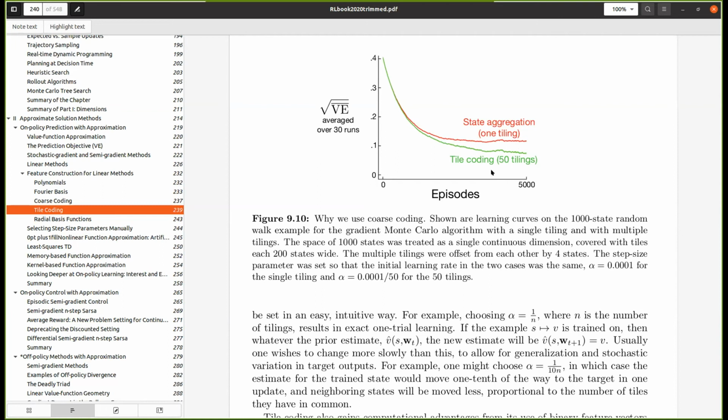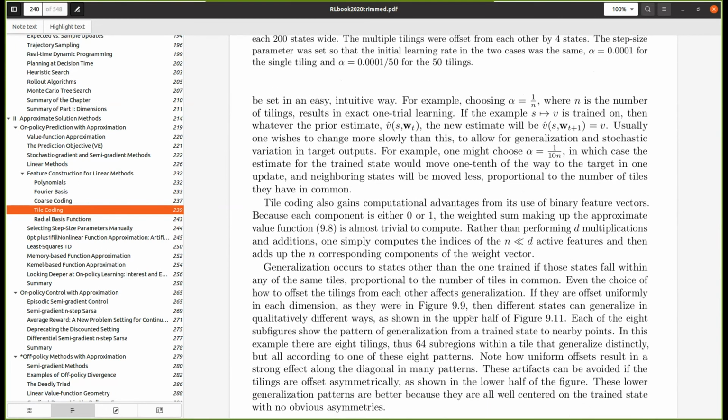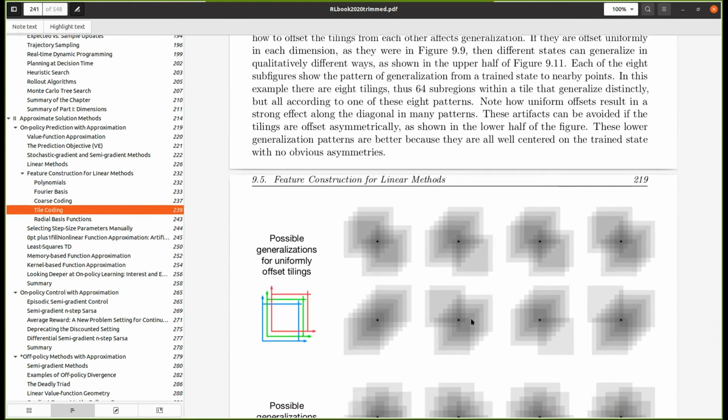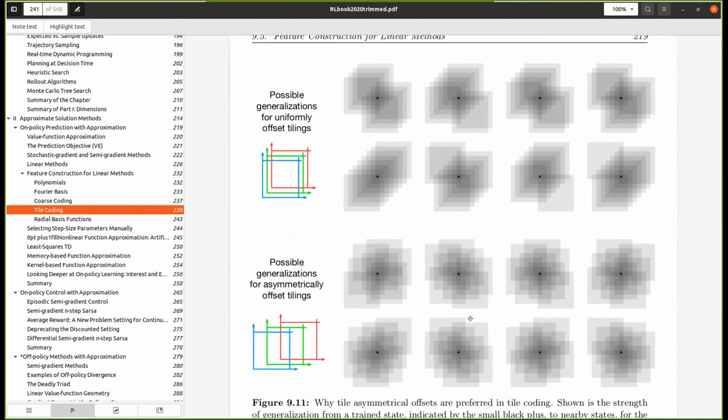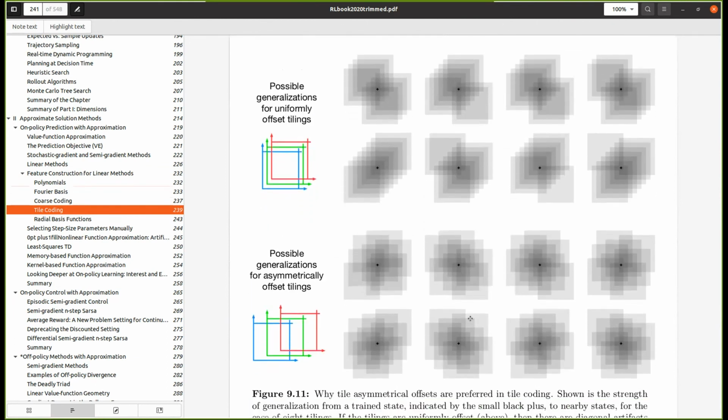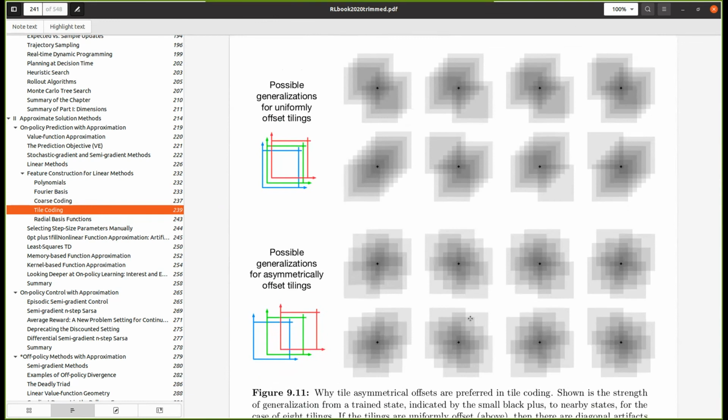I wonder if they have kind of this. No, I guess not. Okay, and here you can see that we can have different choices for how we arrange the tiles.